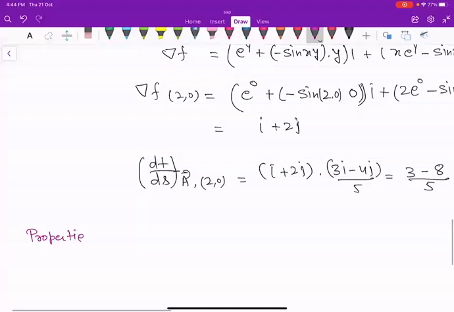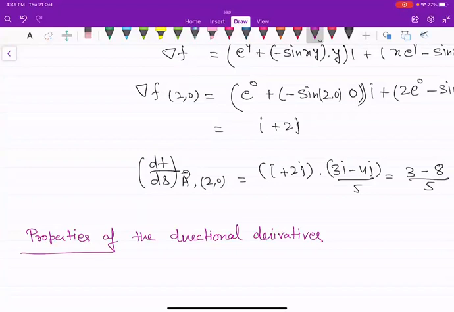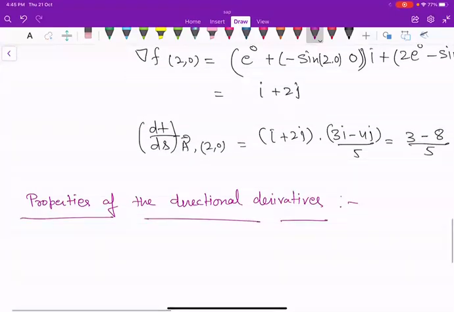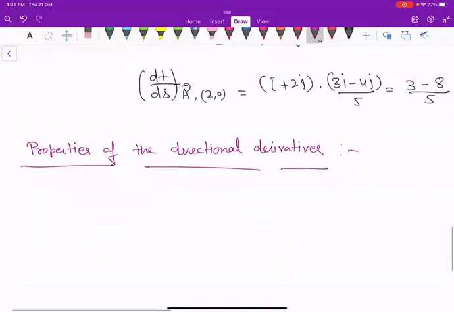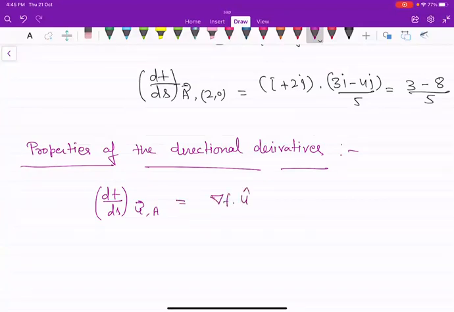So df over ds, we are writing as in the direction of u at the point A, delta f dot u. U is what? That is a unit vector.